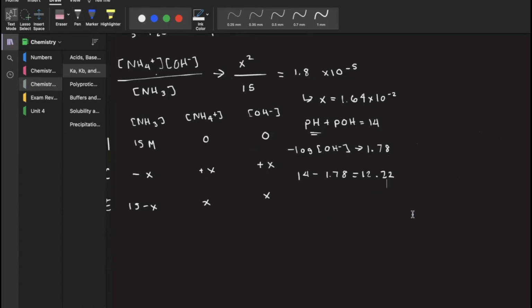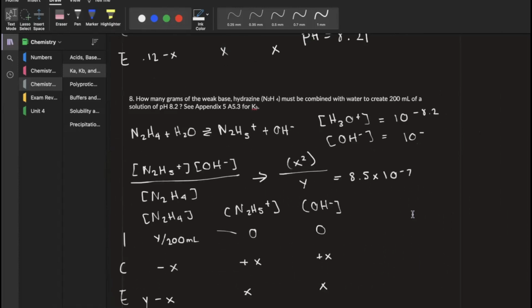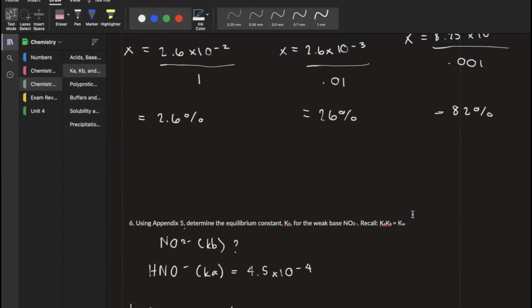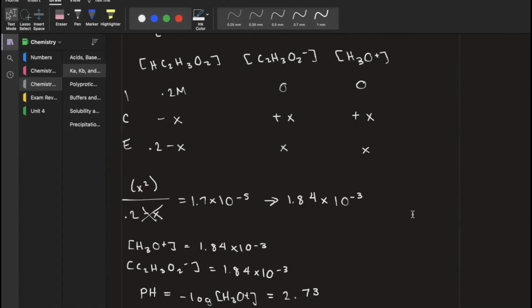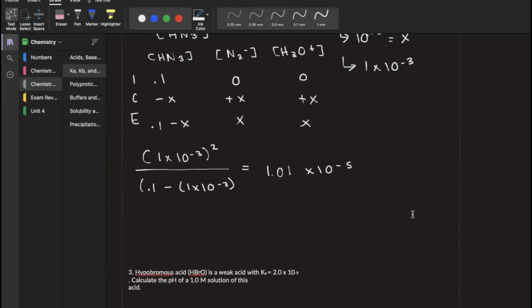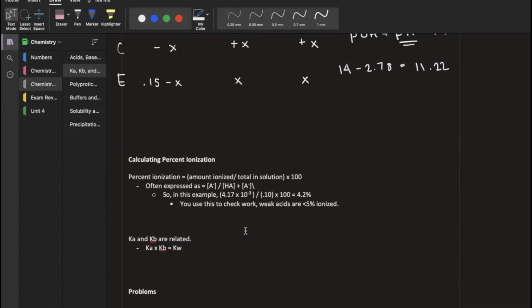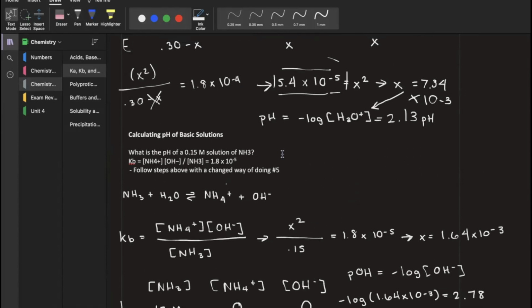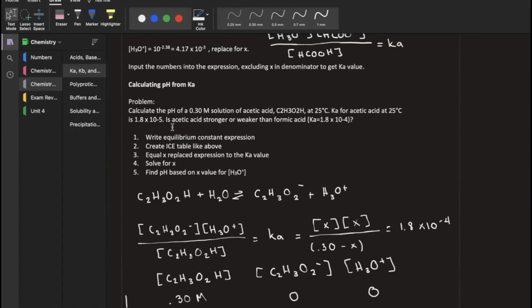So that concludes the last problem on the problem set. Most of these problems are relatively similar. If you just follow the steps and remember the intricacies, then you're going to be mostly fine.